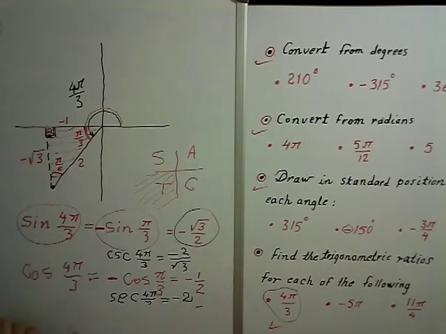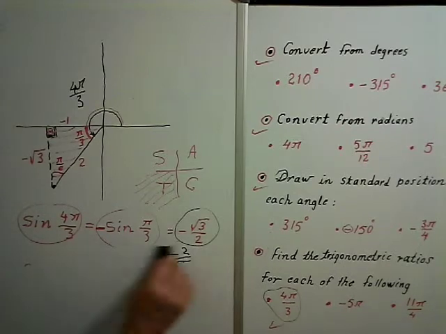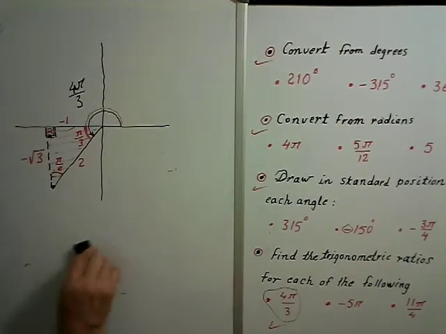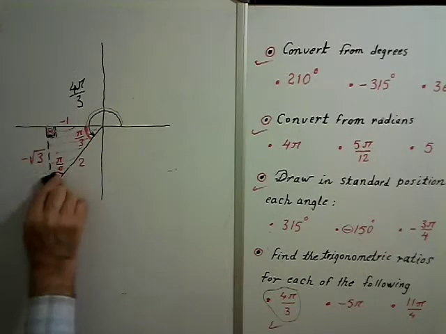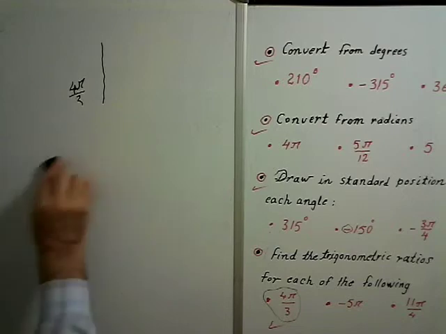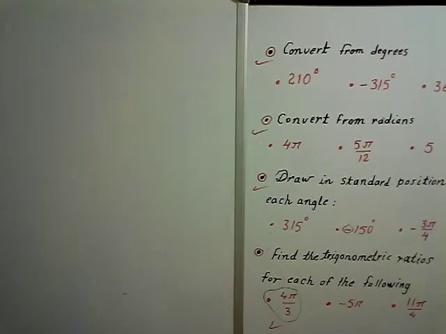Be careful here. Negative 5 pi. If we try to draw it in standard position, we will find the terminal side lies on one of the axes.